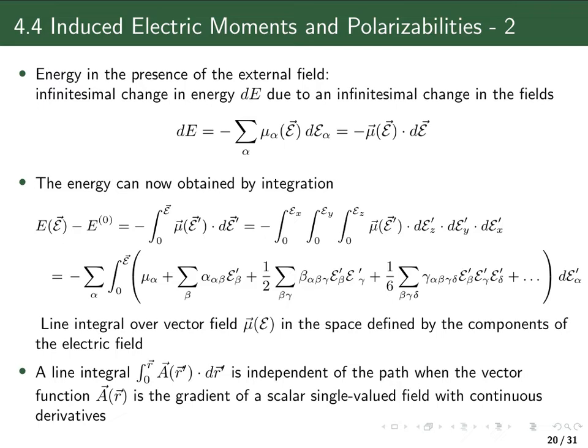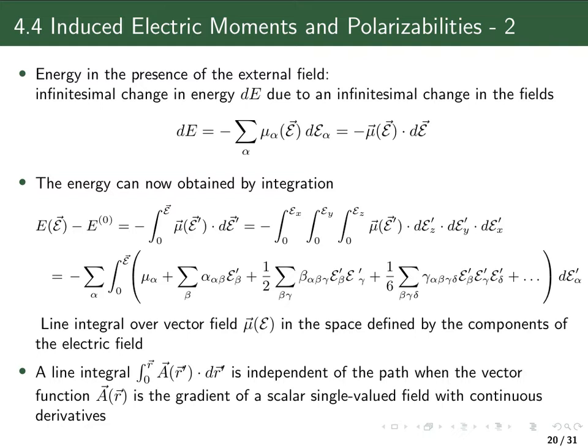So on the left side, we get the change in the energy from the field-free energy to the energy in the presence of the field. And then we have to integrate over the field-dependent dipole moment times an infinitesimal change in the electric field. This integral in reality, of course, is a sum of three integrals because this is a vector, so we have to integrate over the x, y, and z components of the electric field.